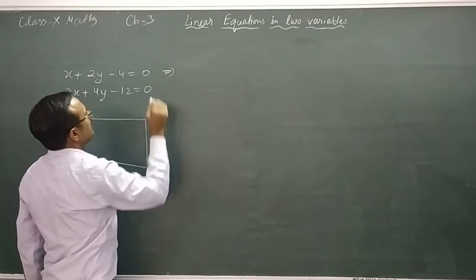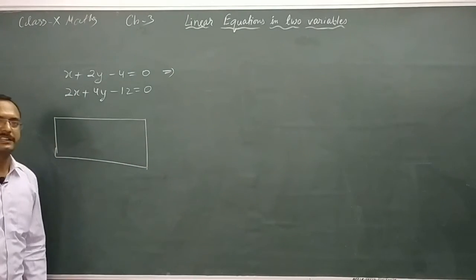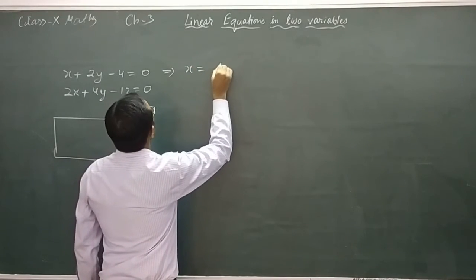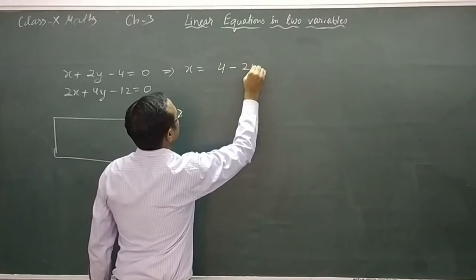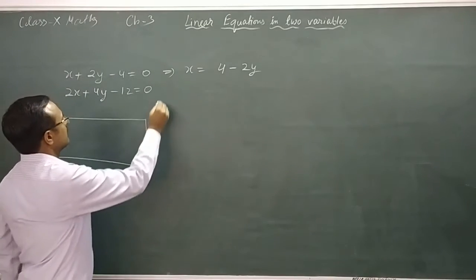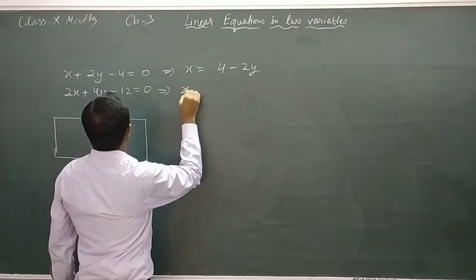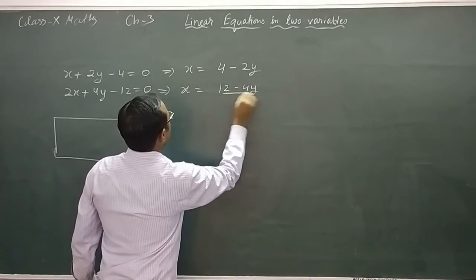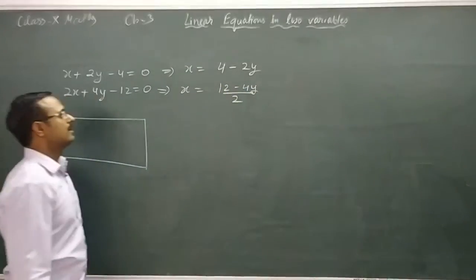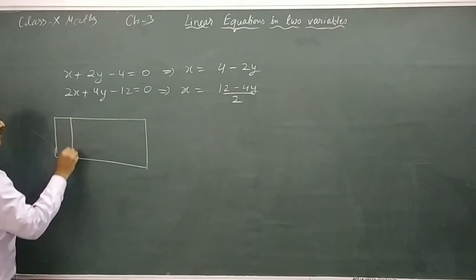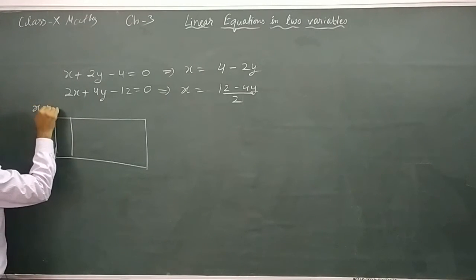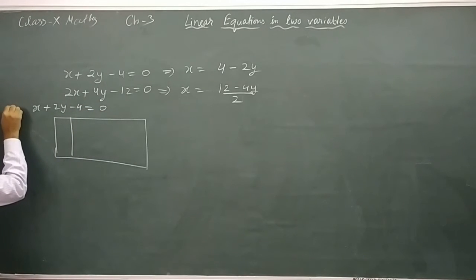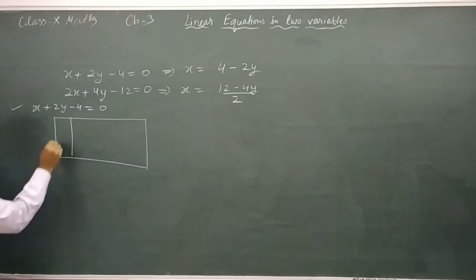You can also find points by rearranging the equations: x equal to 4 minus 2y, and x equal to 12 minus 4y upon 2.